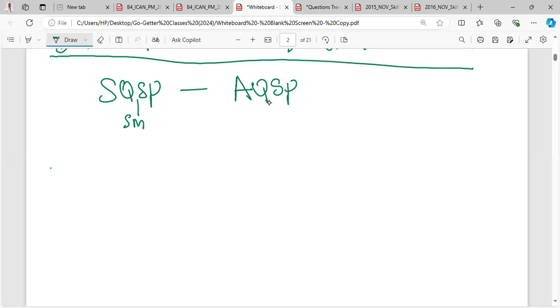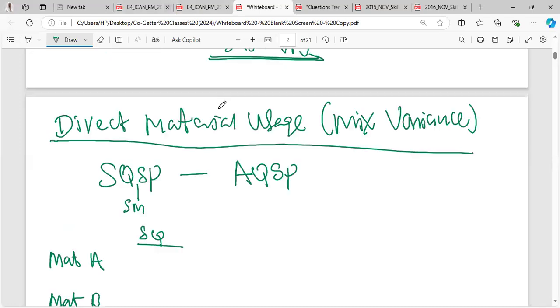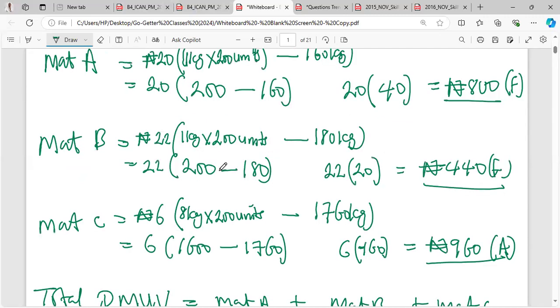We have material A, material B, material C. We want to make 200 units. So this is the standard quantity. The standard quantity for material A happens to be 200 here.